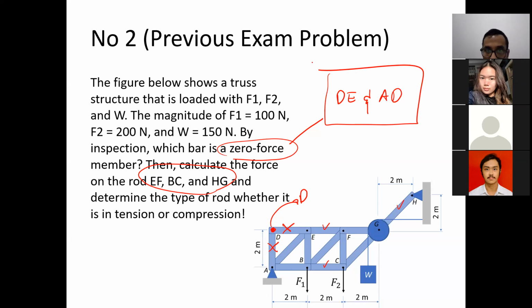This is by using the first rule of the zero force member. And because these two are zero force members, we can try to simplify the problem. So we can just delete both members, DE and AD.